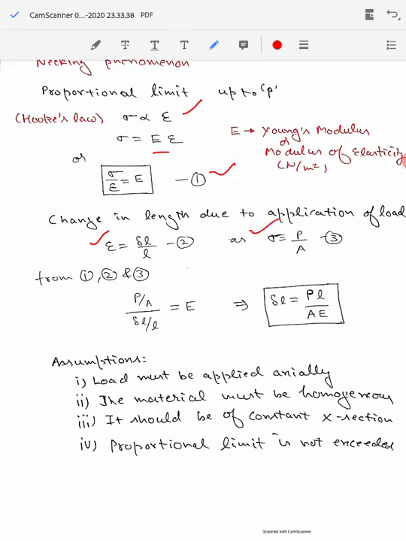If it is circular, it should be constant circular at all points, and if it is a square or rectangle, it should be like that for the entire length of the body. Then we have also said that the proportional limit is not exceeded, because we have used Hooke's law in deriving this equation. So that is all for today's lecture. We will cover more fundamental aspects of the mechanics of solids in the next lecture.